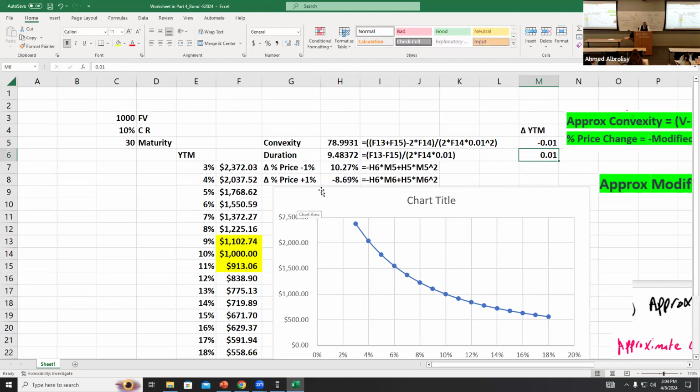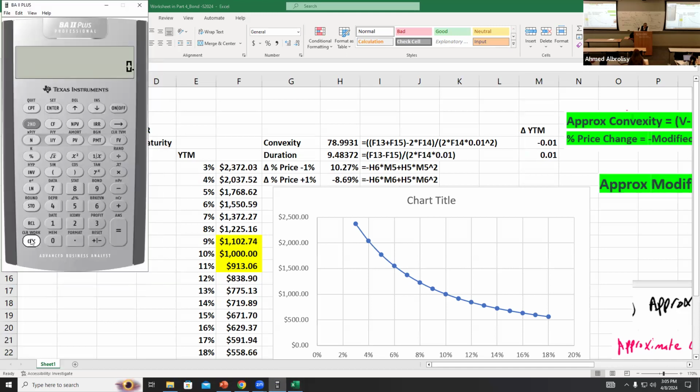So the delta change in the price, if the interest rate went down by 1, the price is going to increase by 10.27. So let's calculate what the actual is. You can see the actual price when the rate went down becomes 1102.